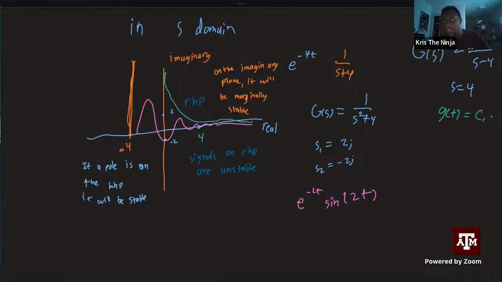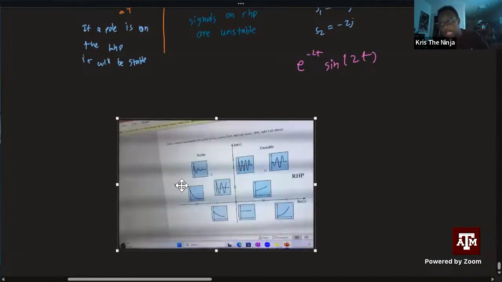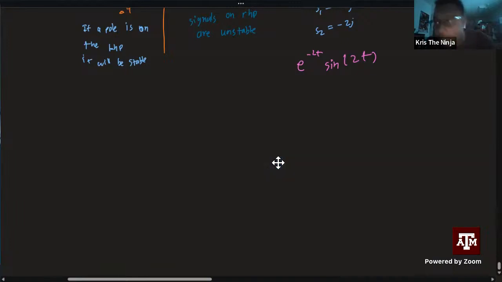See that? Left half plane, all of these are stable. All this stuff terminates. Right half plane, those are not stable. Those don't terminate. That's it. If you missed it, go pause the video. If you didn't get it, that's not my fault. You can also find this later on.